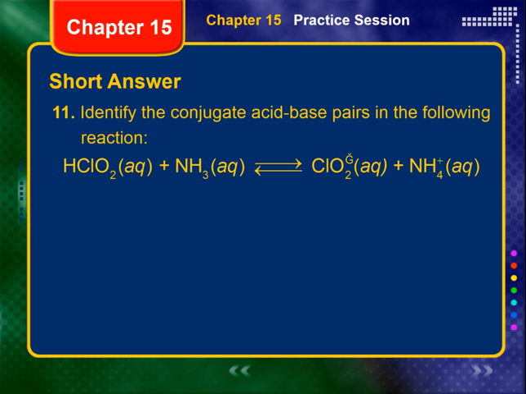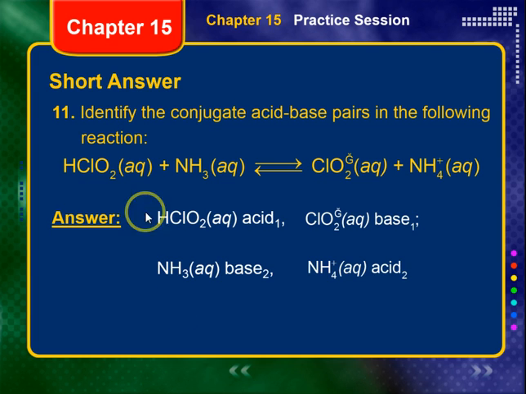Identify the conjugate acid-base pairs in the following reactions, right? So every acid-base reaction is going to have 2 pairs. So you're going to need to show me 2 pairs. All right, first off, here is your acid. This is chlorous acid, right, with 2 oxygens.